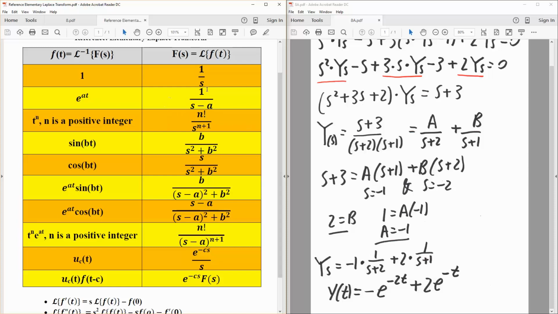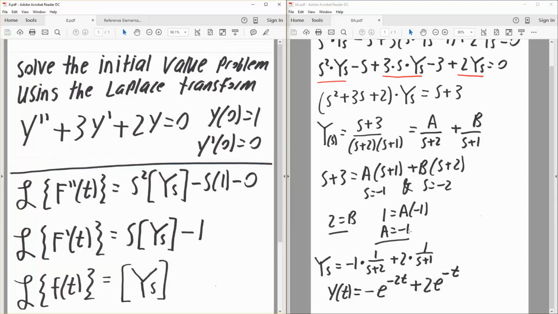Our form is now in this form, and so we can say y(t) is equal to negative e, because we have negative 1 in the front, raised to negative 2t, because a is negative 2 in our case, plus 2 times e raised to negative t. And so this right here is our final answer. That's all we need to do for this problem.